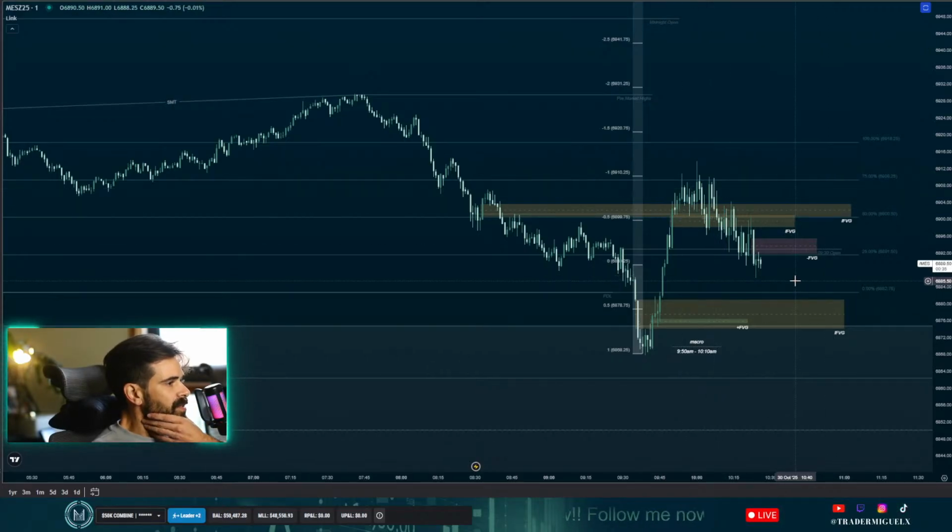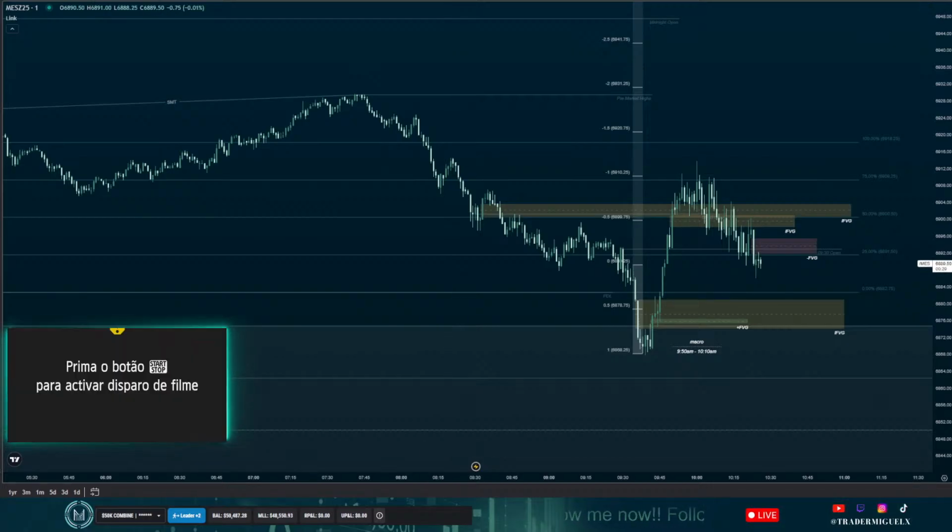High resistance to the downside here, so we better wait.